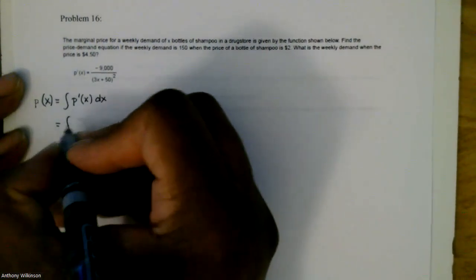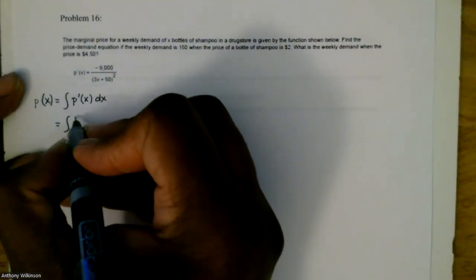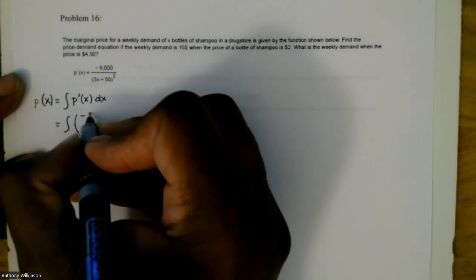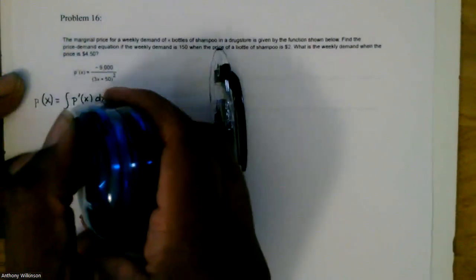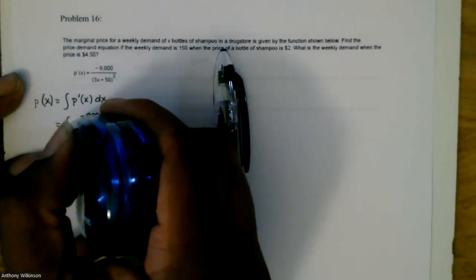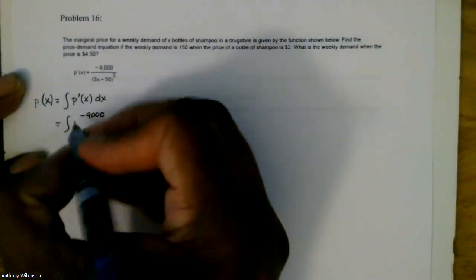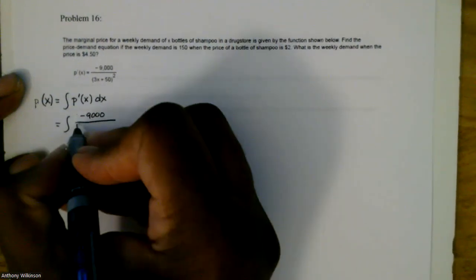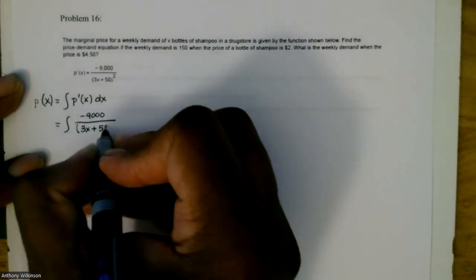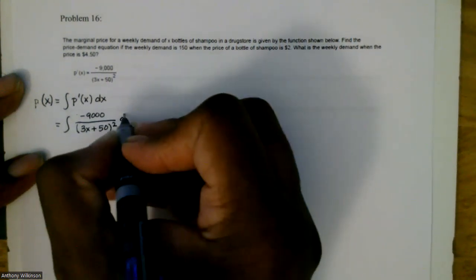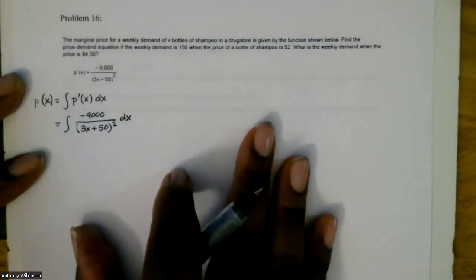So that means I have the integral of p prime of x, that negative 900. I can do this without the parentheses. Negative 9,000 divided by, and in parentheses here, 3x plus 50 quantity squared dx.